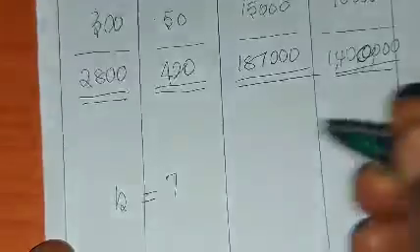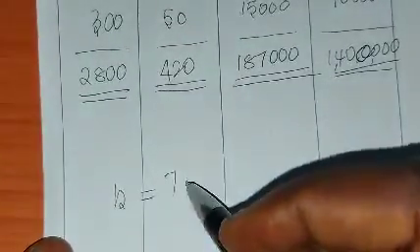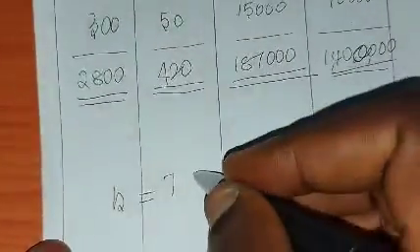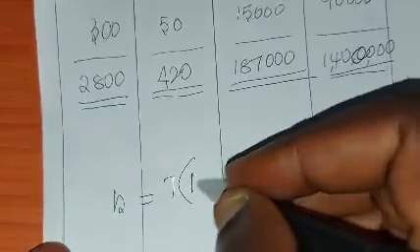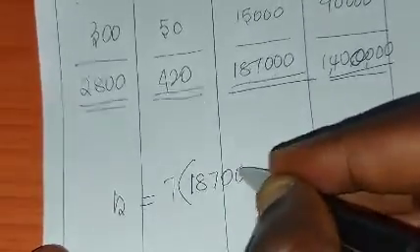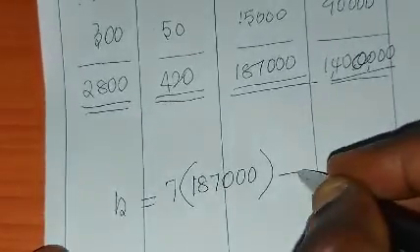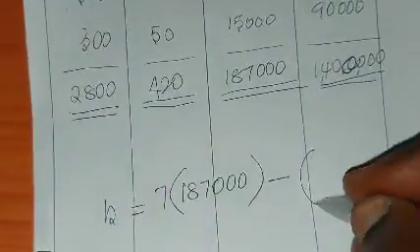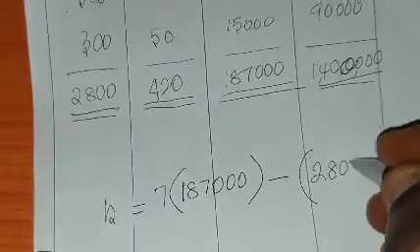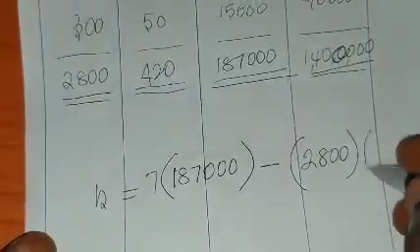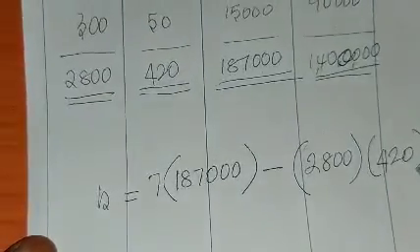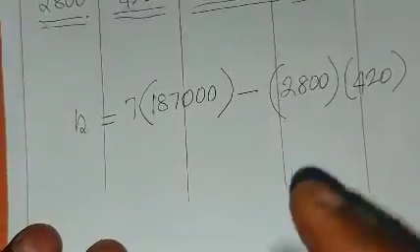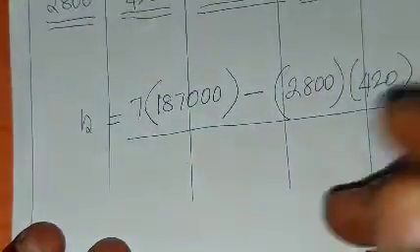So we have 7 summation xy, that is 187,000 in brackets, minus summation x and summation y, that is open bracket 2800 multiplied by 420, close bracket.